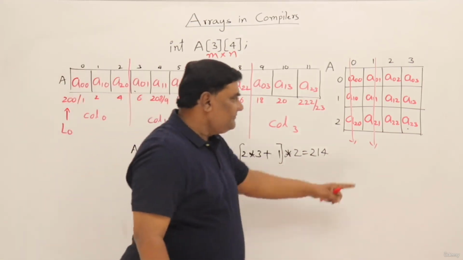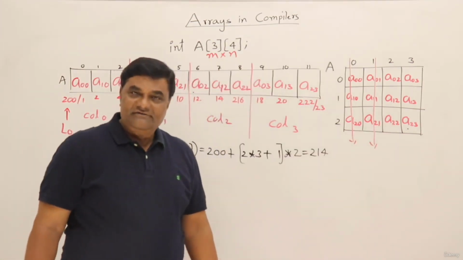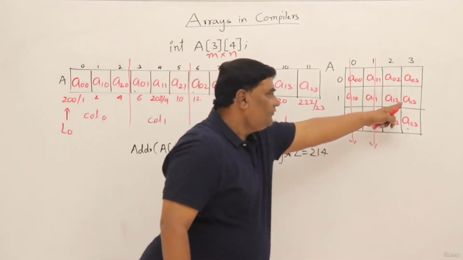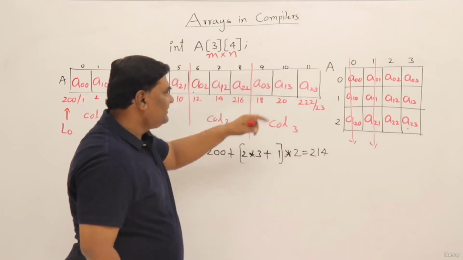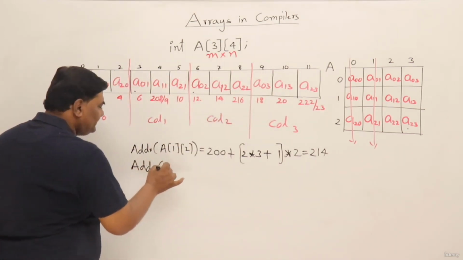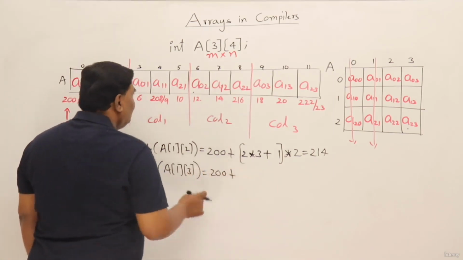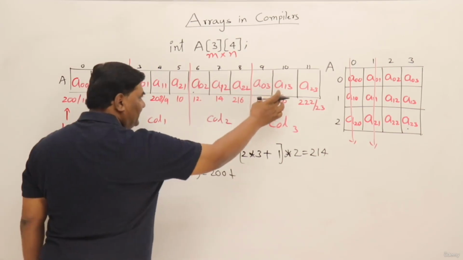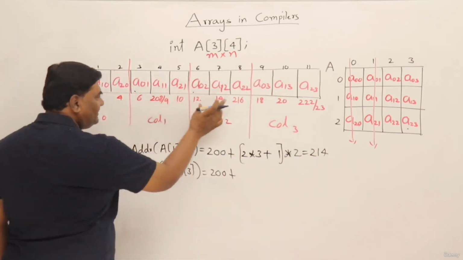Now let us take one more element, that is A[1][3]. A[1][3] is here. So how to get the address of that one? The address of A[1][3] is 200 plus... Now I have to skip how many columns? I should go to the third column, so skip the 0th column, first column and second column.